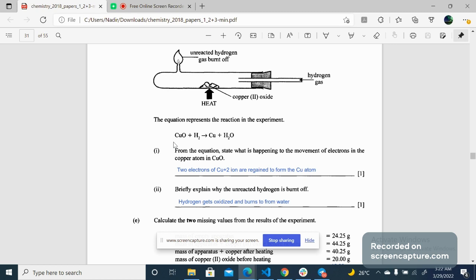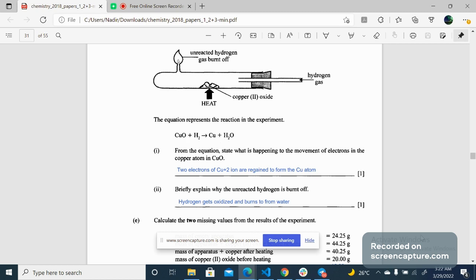The copper ion in copper 2 oxide has 2 electrons less than this copper metal. So this copper ion regains 2 electrons and becomes copper metal. This is what is happening with the electrons of copper in this reaction.